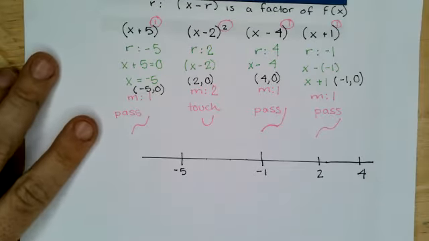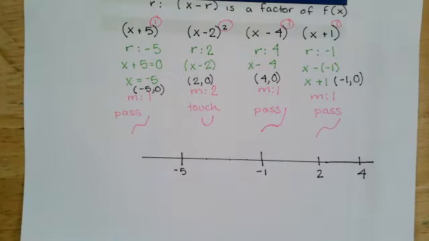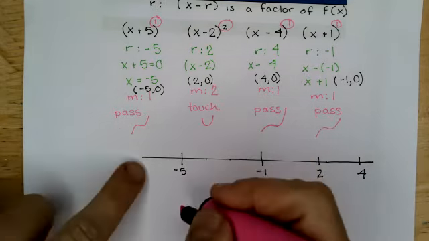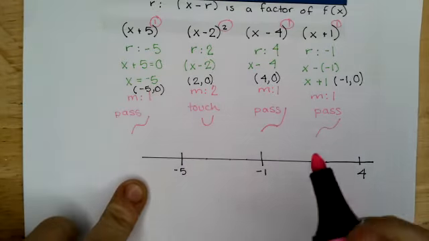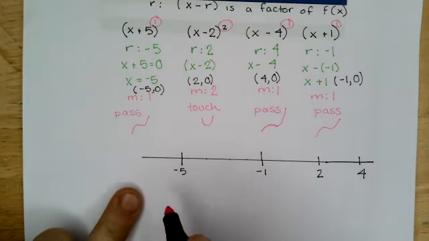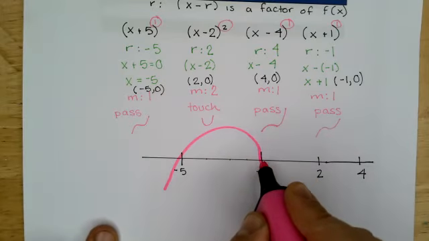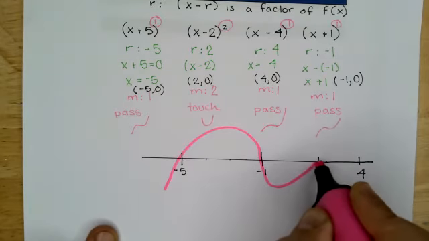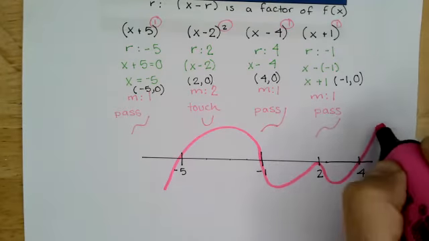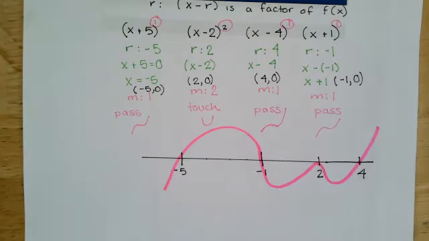Pass through. Good. So let's just imagine what this might look like. It might be at -5, it's going to pass through. At -1, it's going to pass through. At 2, it's going to touch. And at 4, it's going to pass through, right?